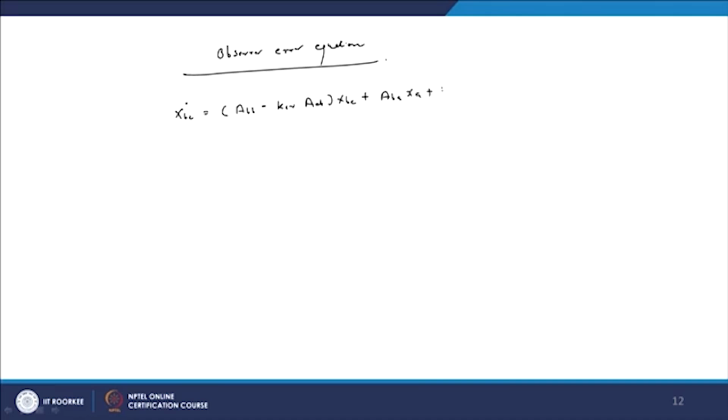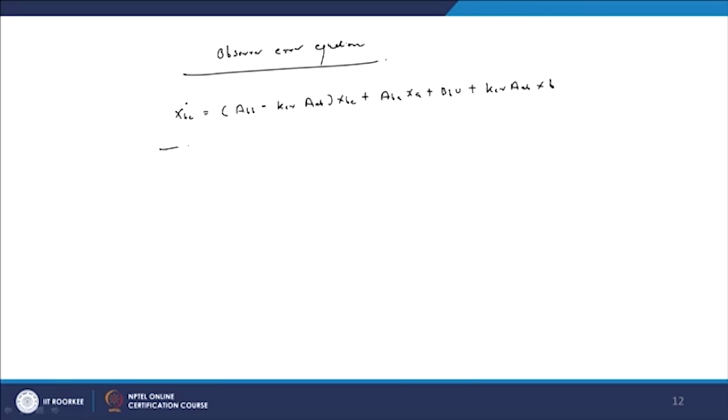Now about the observer equations, the observer error equation. Here the observer error equation is XB dot equal to ABB minus KER into AB into XBE plus ABA into XA, plus BB into U plus KER into AB into XB.